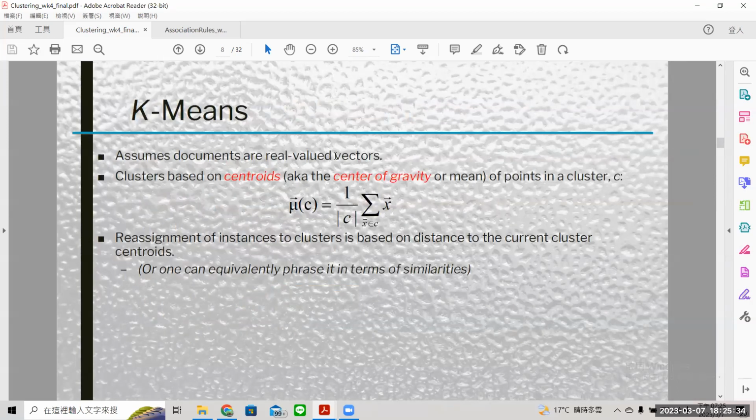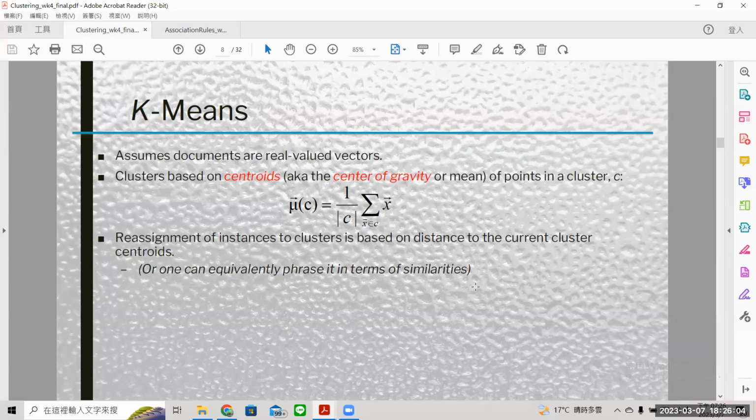They are all real value vectors, and the class-based centroid. Sometimes we call it the center of gravity, centroid, or mean. And how to compute this one? You can use this, and this is the distance.